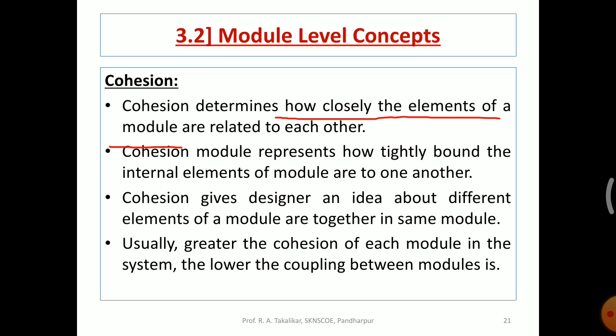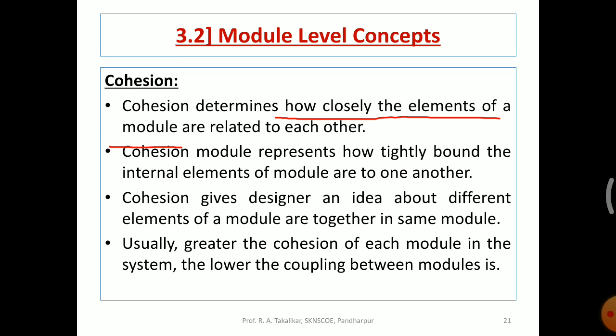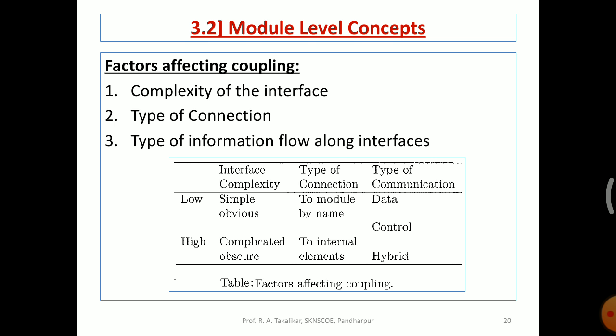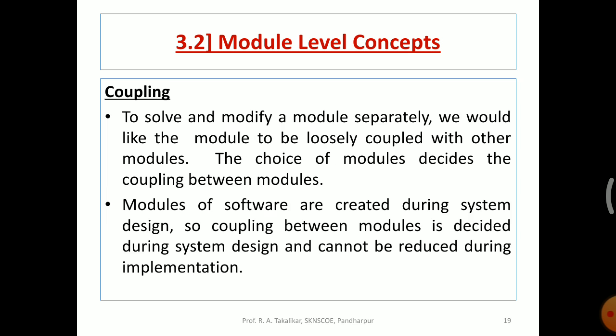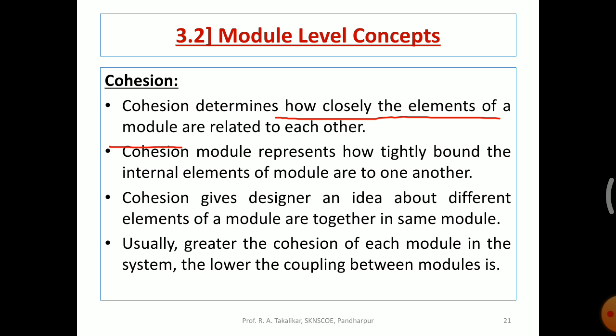Coupling tells the relation between the two modules, whereas cohesion tells the relation within a particular module, how closely the elements of a particular module are related to each other. So in the coupling we have seen three types, and different factors that can affect the coupling in case of function oriented design.